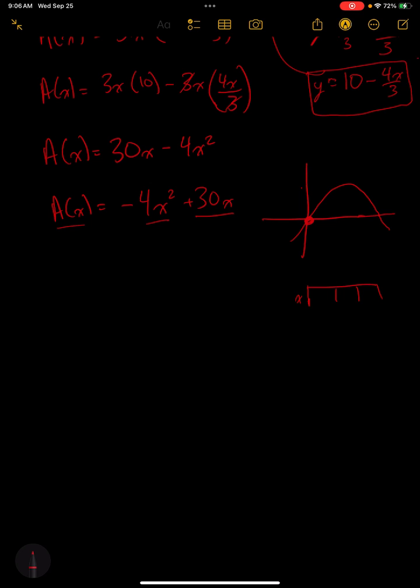So let's go ahead and find the zeros. Why? Because the maximum is going to occur at x equals the midpoint between the zeros.